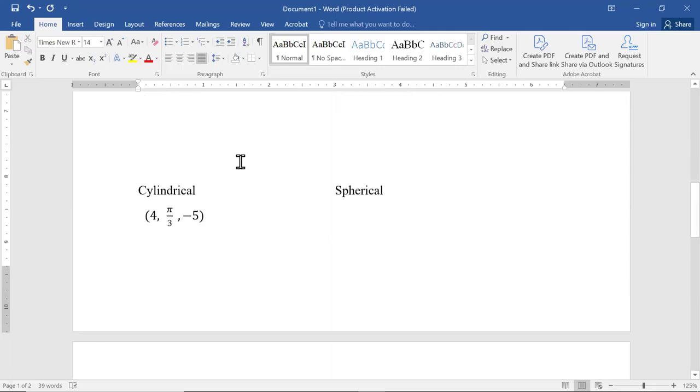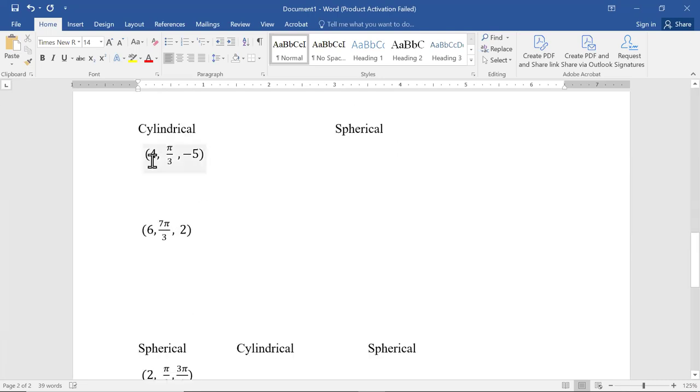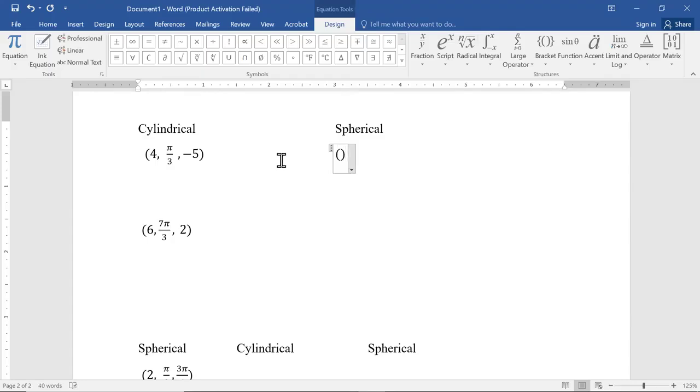Okay, let's convert from cylindrical to spherical next. Here we have (4, pi over 3, negative 5). In the spherical points, we're going to do rho and then theta and then phi. Well, theta here is pi over 3.